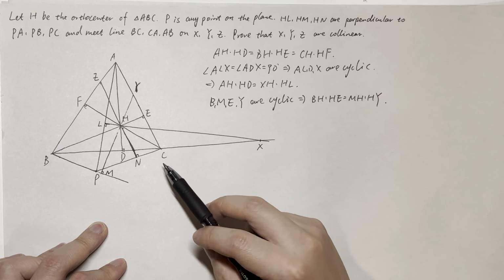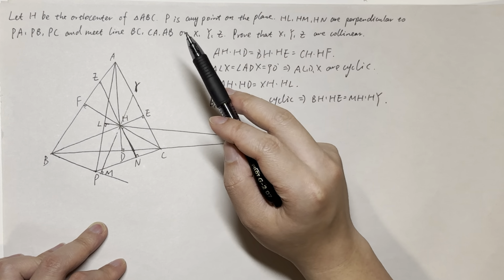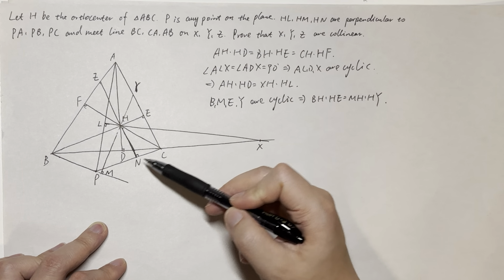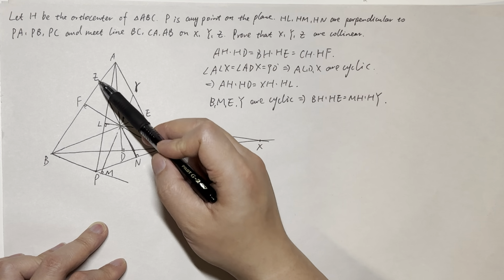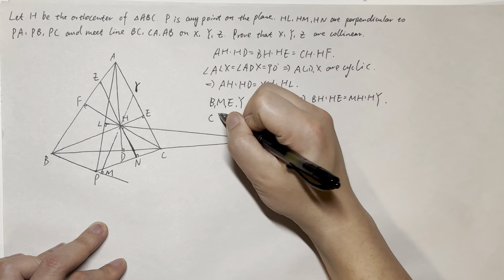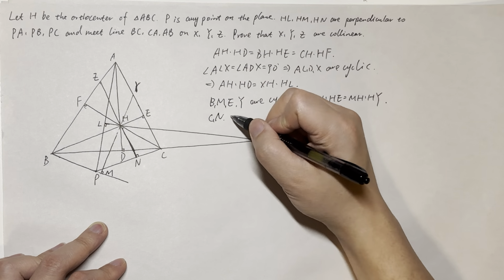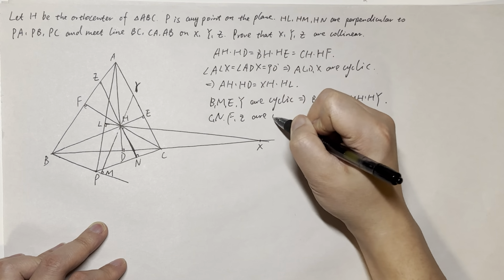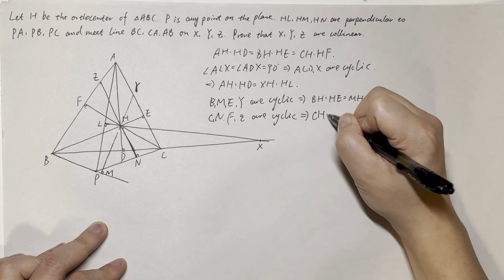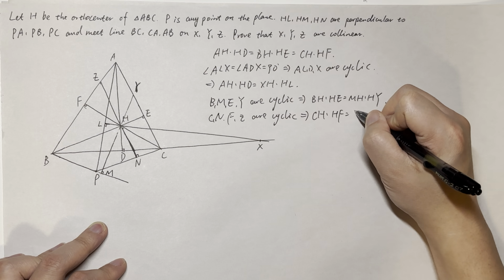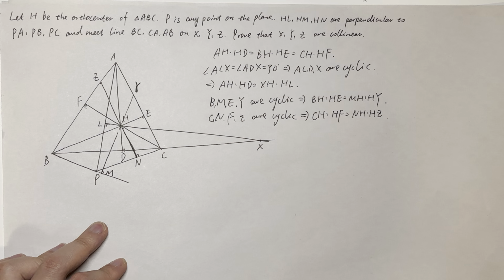Similarly, for point C, we have angle CNZ is 90 degrees and angle CFZ is 90 degrees, right? So C, N, F, Z are cyclic, which means CH times HF equals NH times HZ, right?